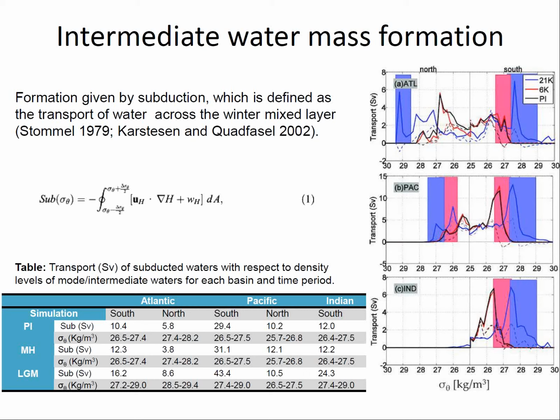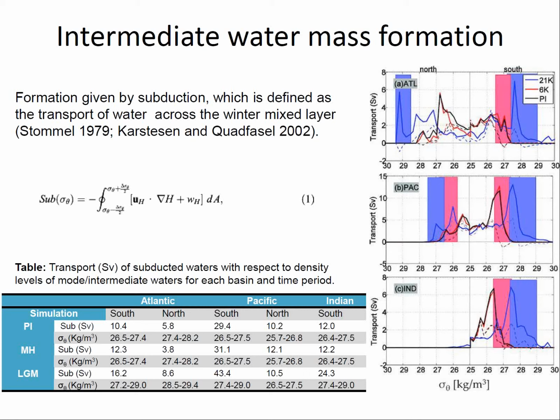But we see here in the LGM, first we have the water forming in a much denser range of the sigma, the density, and we have here a formation of the North Atlantic intermediate water.